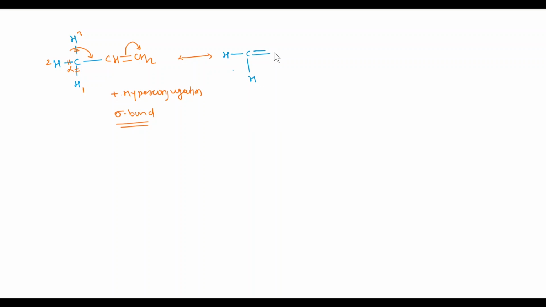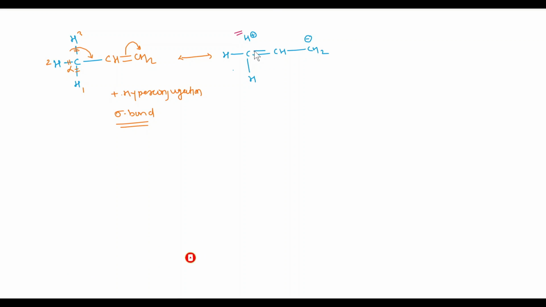The double bond is shifted between carbon number 2 and the alpha carbon, CH2 minus and H plus here. This hydrogen atom is not completely detached from this carbon atom. It is in the vicinity of this carbon atom.